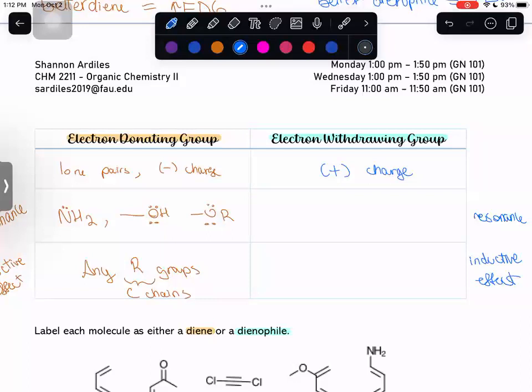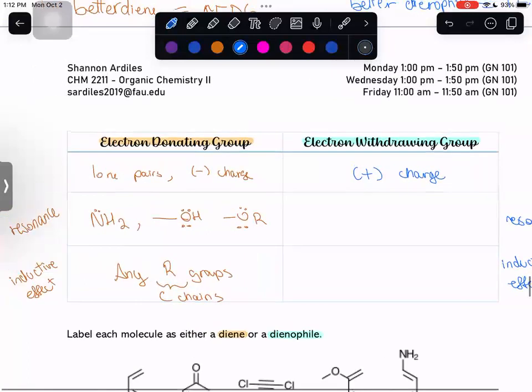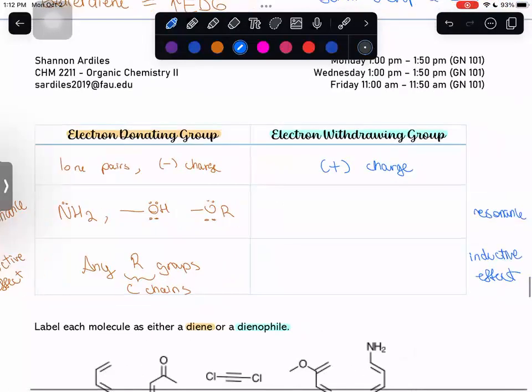Can you say that again? Resonance and inductive effects, it's same on both sides. A ketone is not gonna be a donating group because by inductive effects, it's gonna be pulling up towards the oxygen. So it's not gonna contribute any electron density to the diene part.